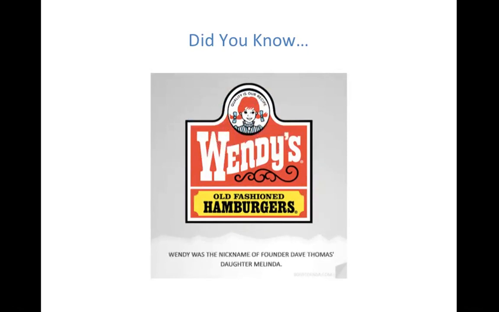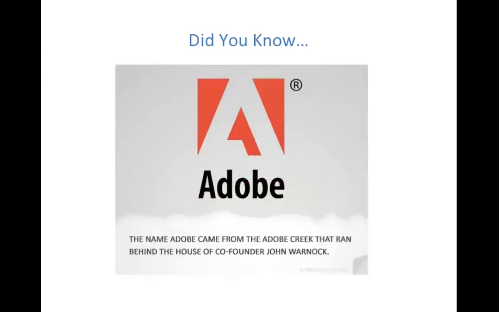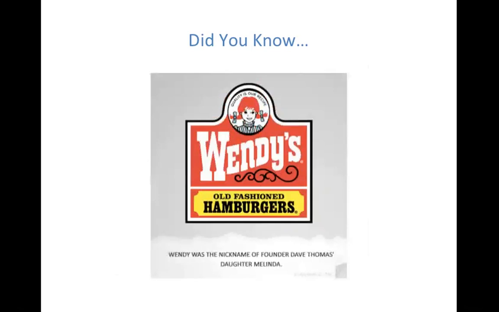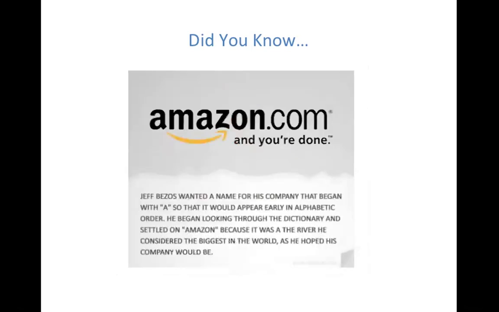And I think Wendy's just updated their logo from this one, so this is the older one. Adobe. The name Adobe came from the Adobe Creek that ran behind the house of co-founder John Warnock. It's funny how names come about. Yeah, I saw that. Some theorize the Wendy's new logo neckline says mom. Interesting.